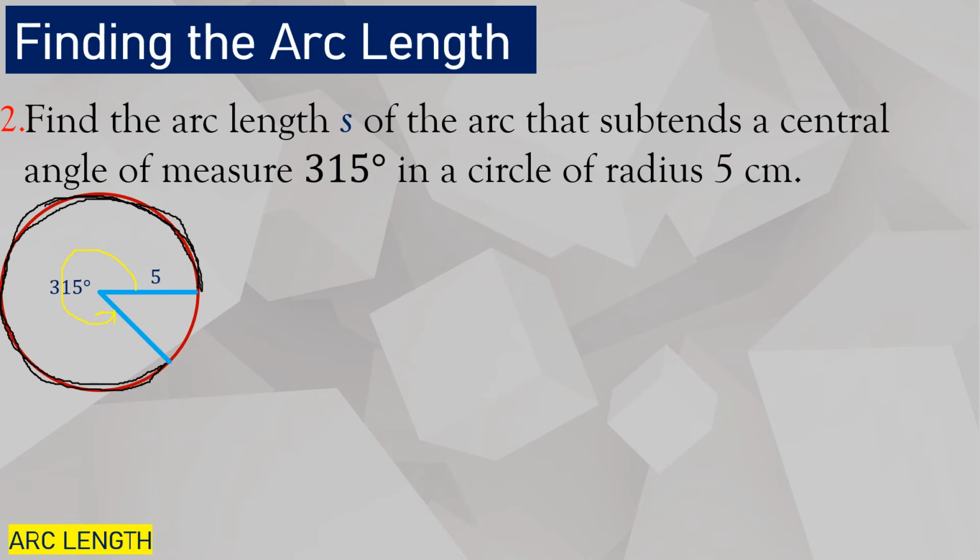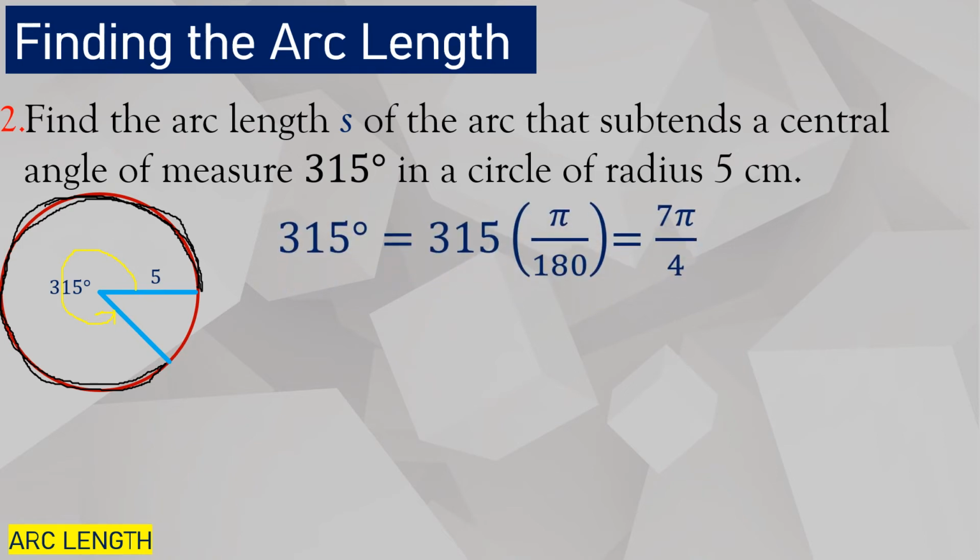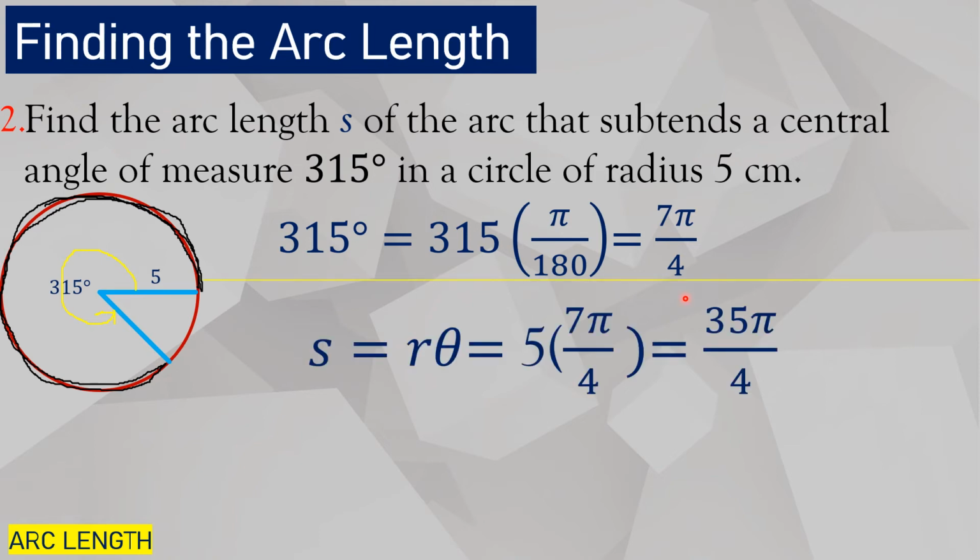Okay, ngayon, we need to convert 315 degrees into radian again using the rule of conversion. Then 315 degrees is 7 pi over 4. And after that, we are ready to substitute that to the formula. Arc length S is equal to the product of the radius and theta. The radius is 5 centimeters, so substitute.